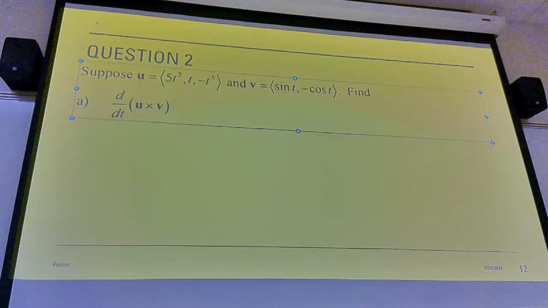So now the question is, would it be the derivative of u cross v plus the derivative of v cross u?